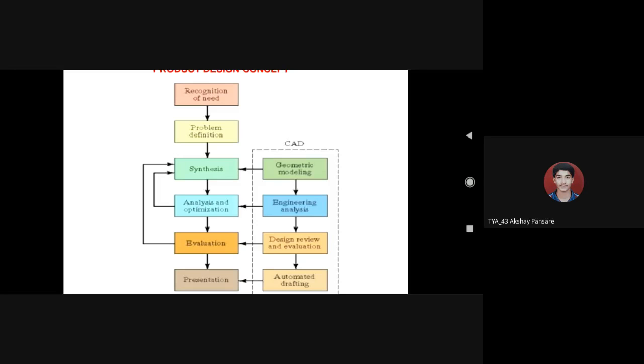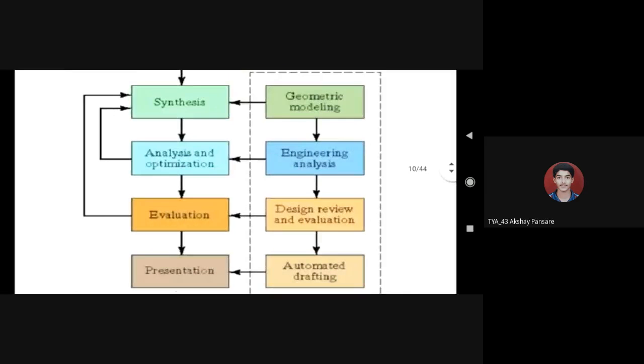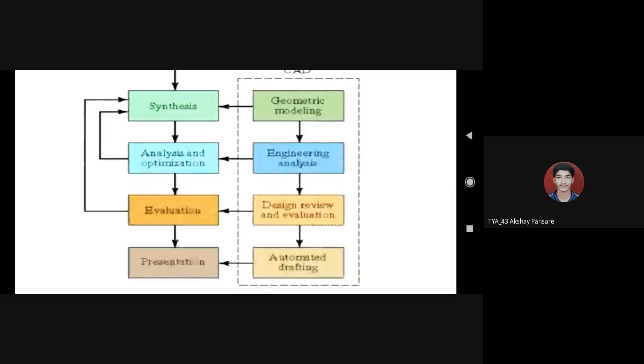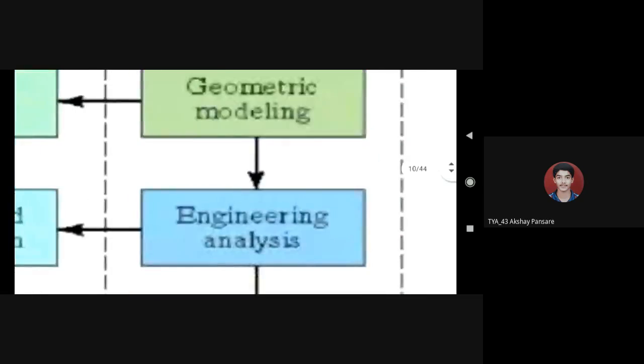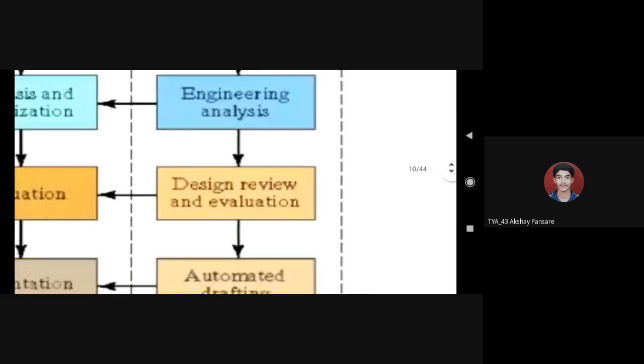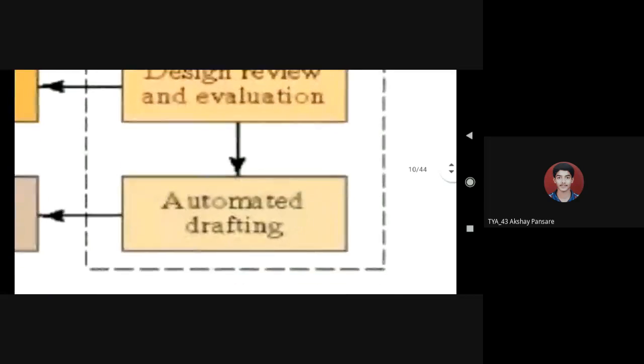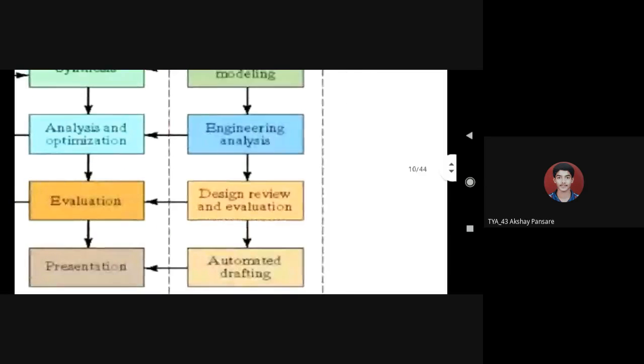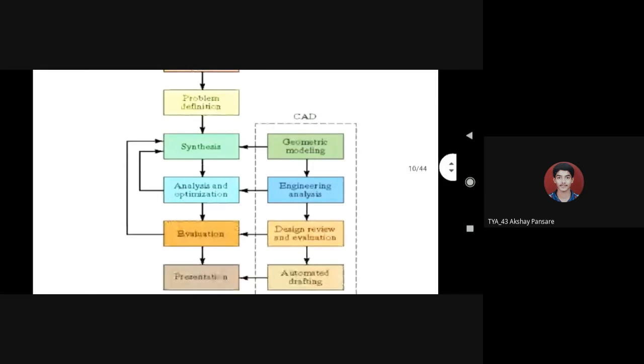Here they have simultaneously added the CAD role. Now what is the CAD role? First step is geometric modeling and engineering analysis. Next is design review and evaluation, and automated drafting. Here we have reduced the time.